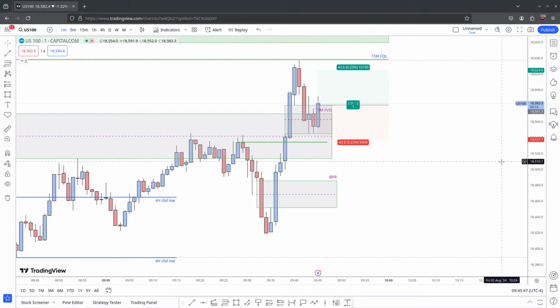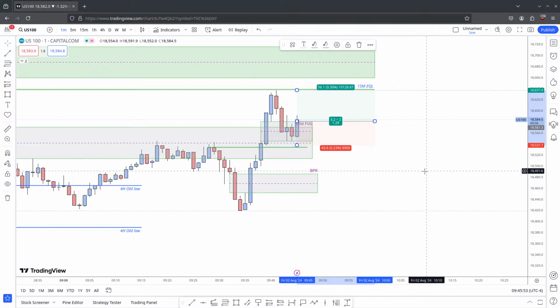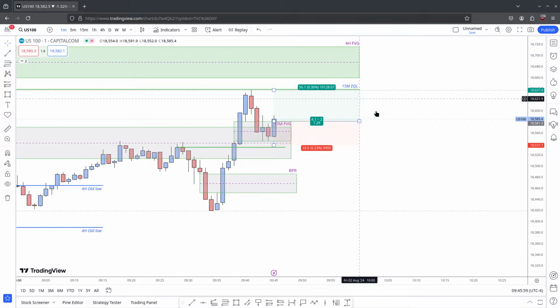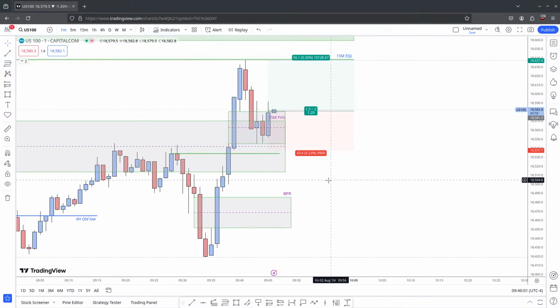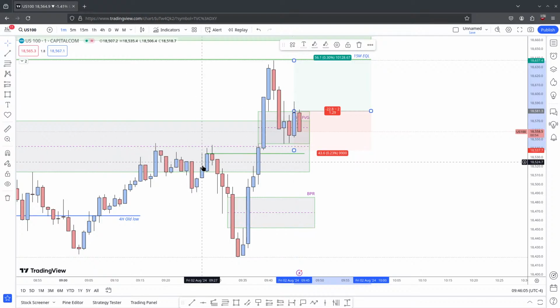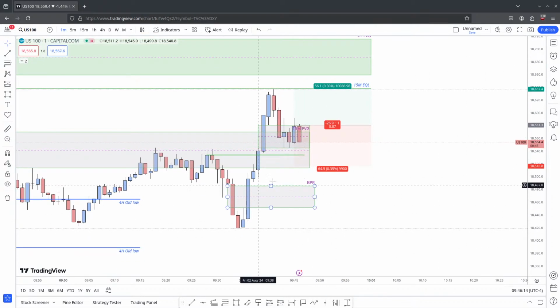And let's say you're at least going to target this high, if not, into that fair value gap up here. Stop for this one would be tricky because we have a breaker block fair value gap down here. Stop would have to be down here somewhere. So you would be looking at a bigger stop.